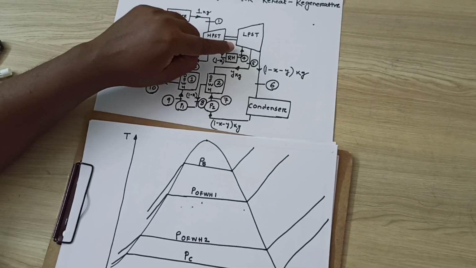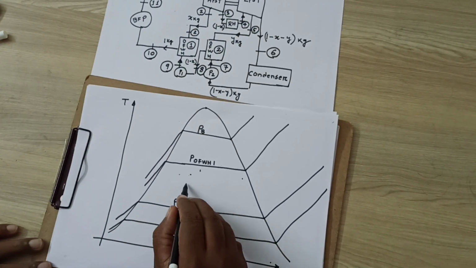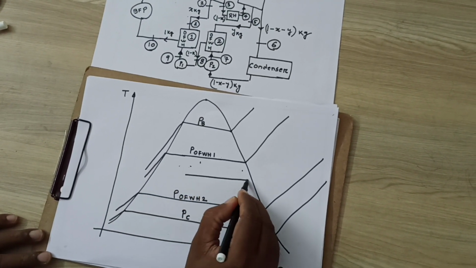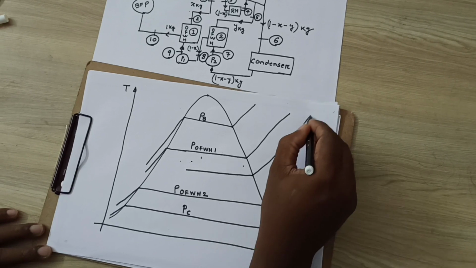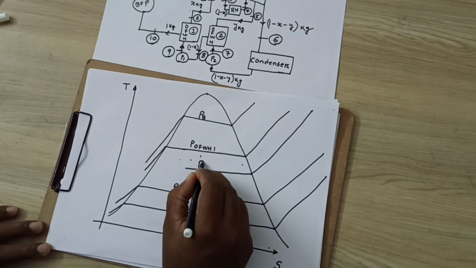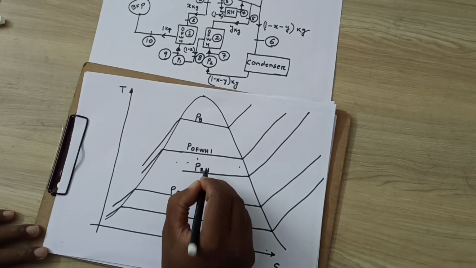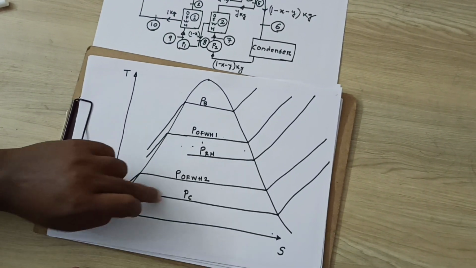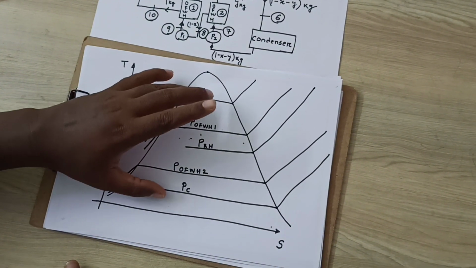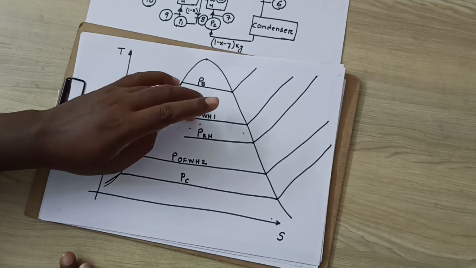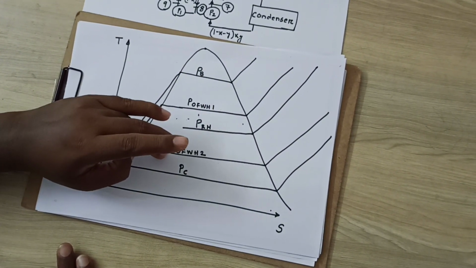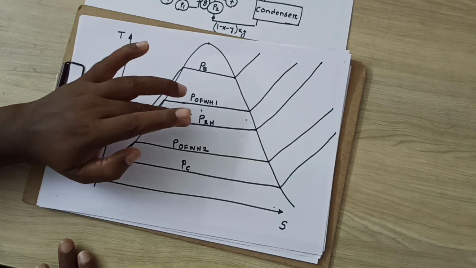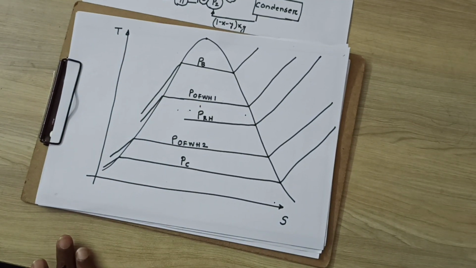This will be the reheat pressure line, P RH. So how many pressure lines in total? 1, 2, 3, 4, 5. Two for boiler and condenser, two for open feed water heater 1 and open feed water heater 2 respectively, and the last one is for reheater pressure.